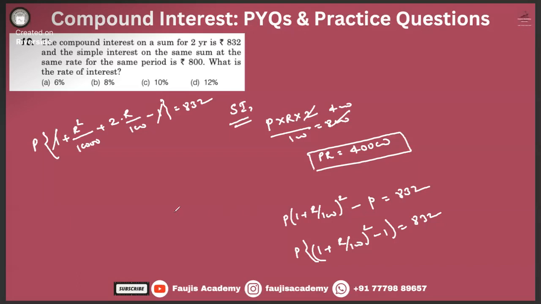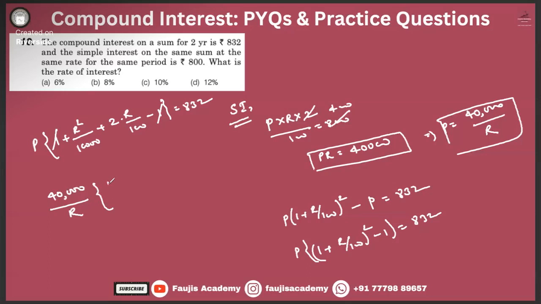And if we replace the P with R, that means P is equal to 40000 divided by R. Right. So can we over here write 40000 divided by R is equal to R square into 10000 plus R by 50 is equal to 832, right now. So if we solve this one, what do we get?